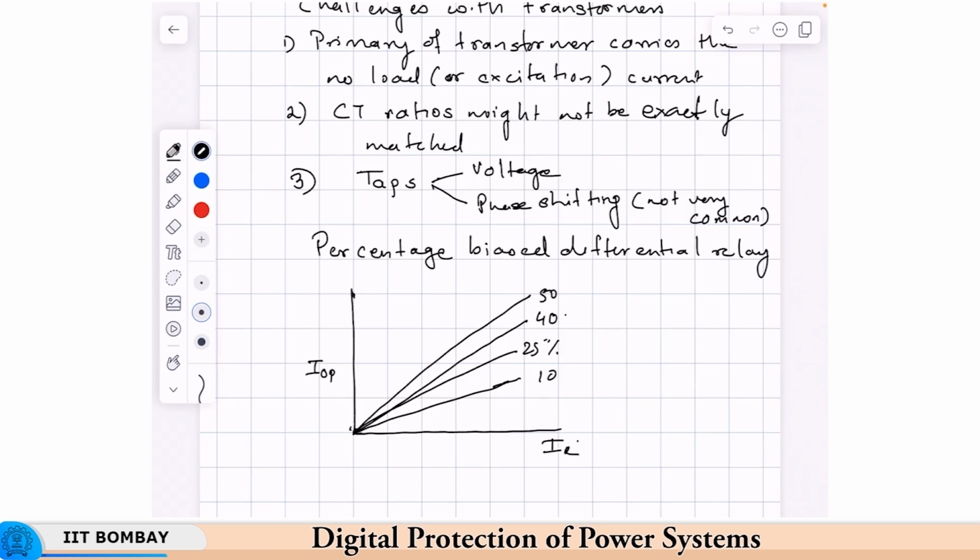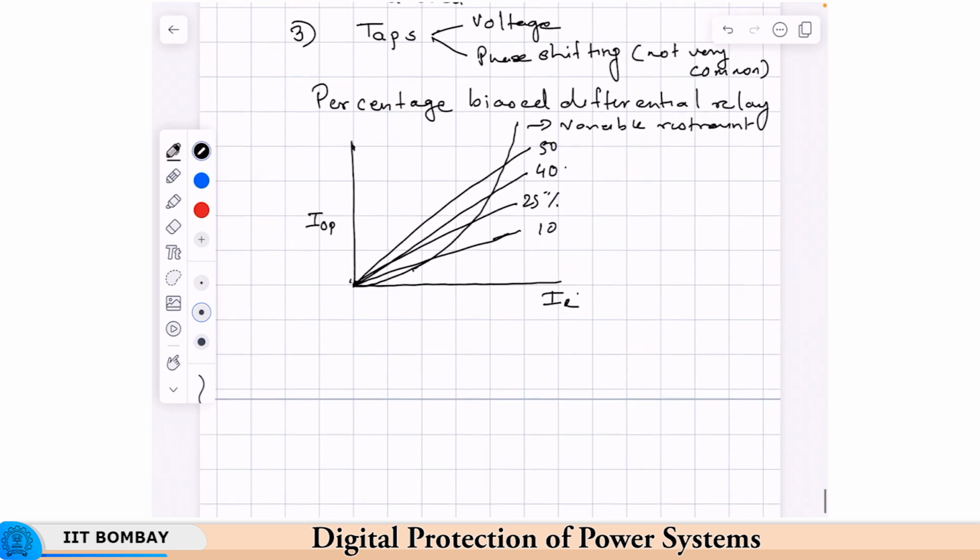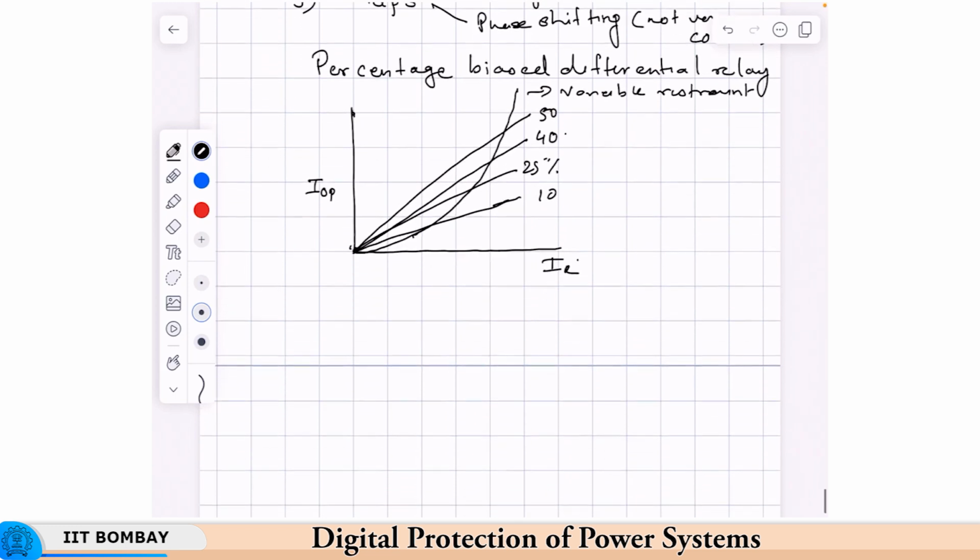You could also have something known as variable restraint. This is fixed restraint, you could have something known as variable restraint. Now typically for transformers, the percentage characteristics which are set are about 15% to 60%.